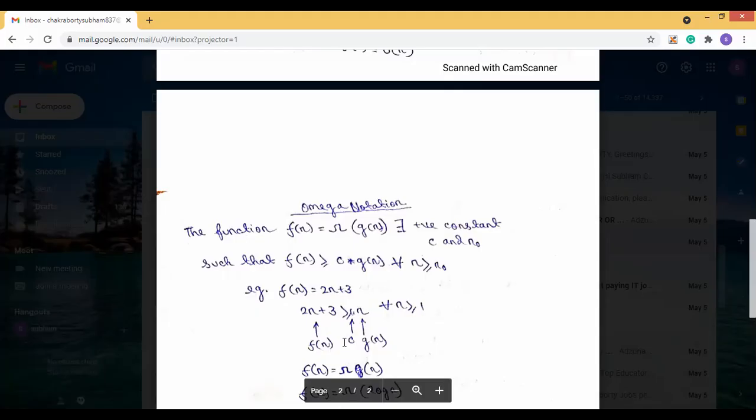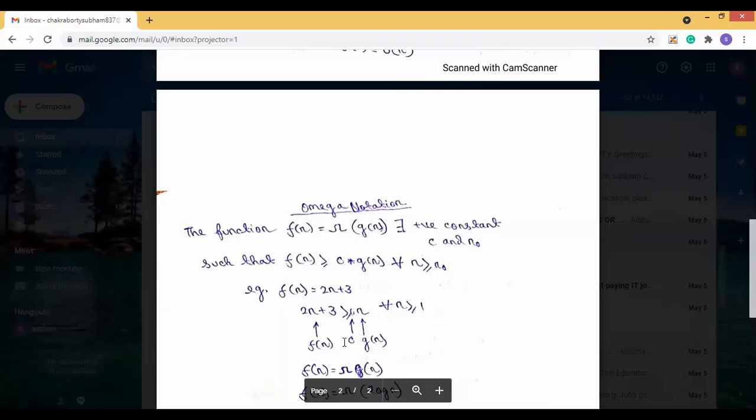Clear? In the case of omega notation, if an f(n) function is given, then we consider g(n) like that. After that, our condition is n greater than or equal to n0, meaning for all values of n.